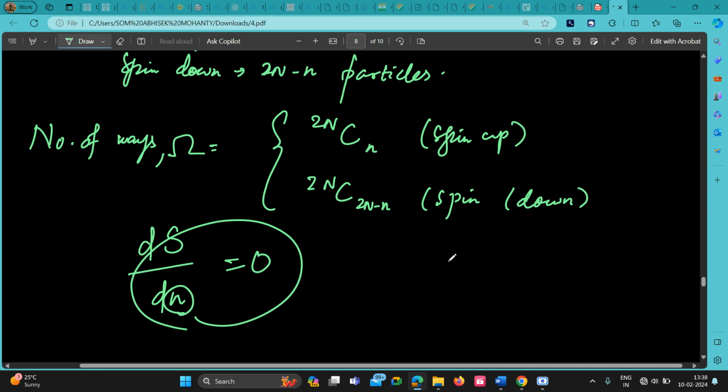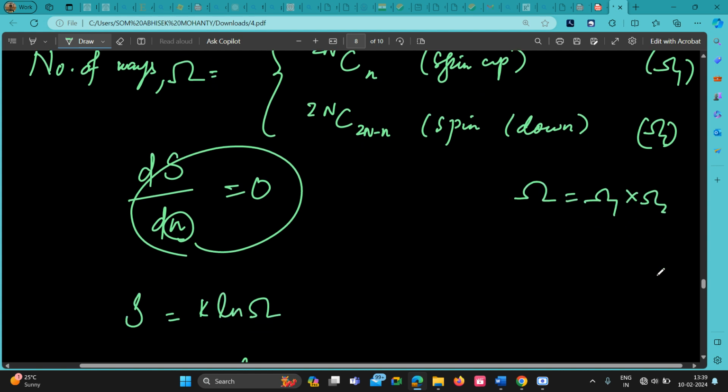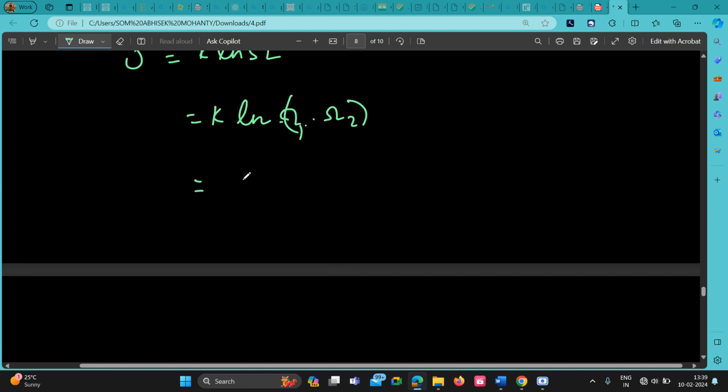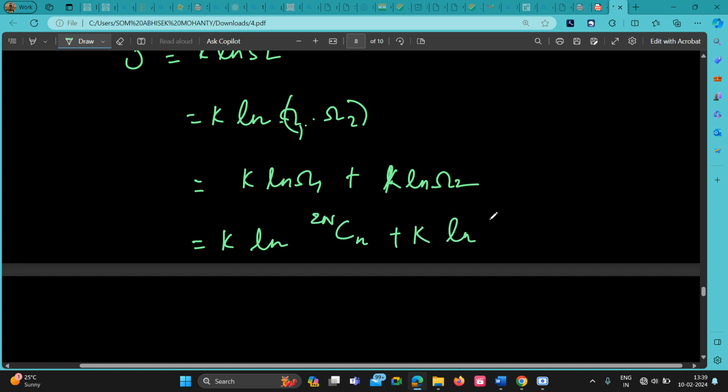Microstates are actually multiplied, so omega is omega 1 into omega 2. ln of mn is ln m plus ln n, so k ln omega 1 plus k ln omega 2. Is it alright? So k ln omega 1 is k ln 2nCn plus k ln 2nC(2n minus n).